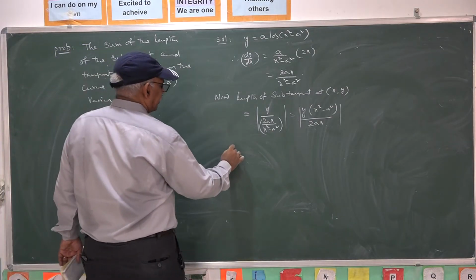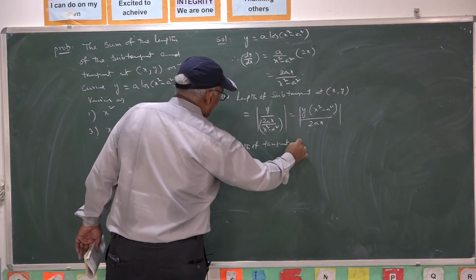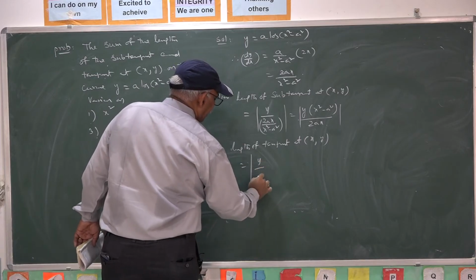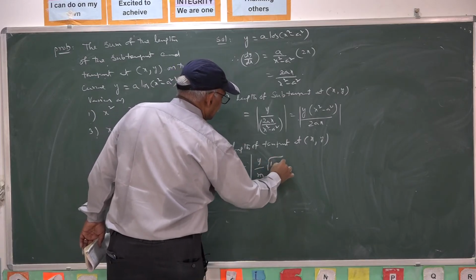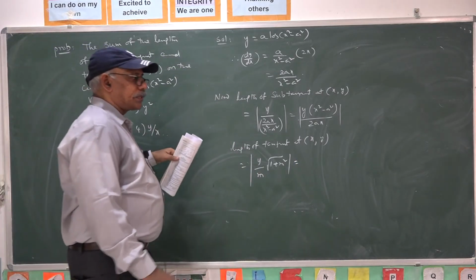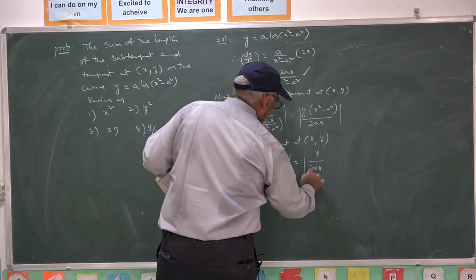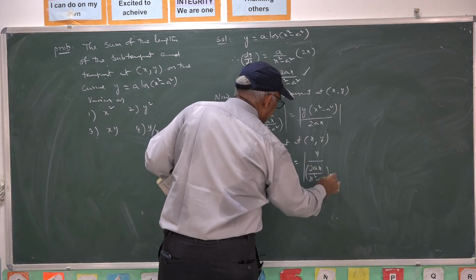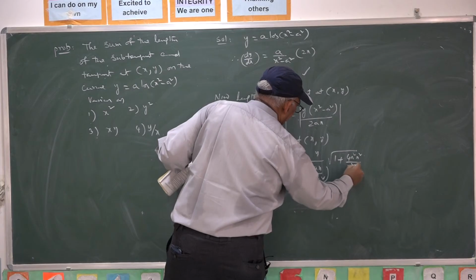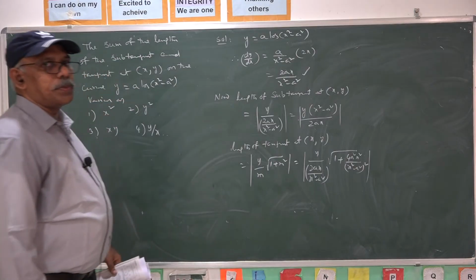Length of tangent at x comma y is y by m into root over 1 plus m square. That is the formula, where m is this. So y by 2ax by x square minus a square into root over 1 plus 4a square x square by x square minus a square whole square, with modulus. Now we will simplify this one.